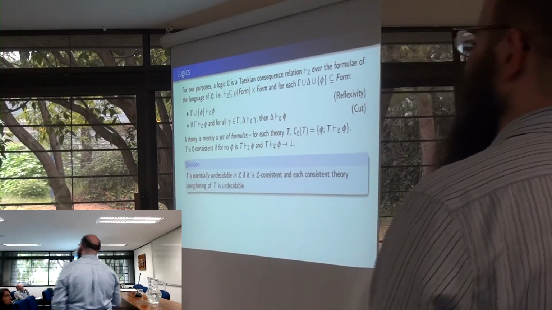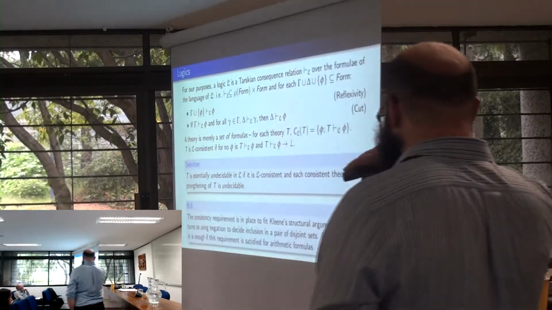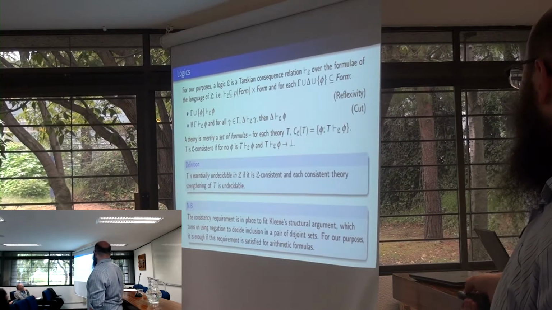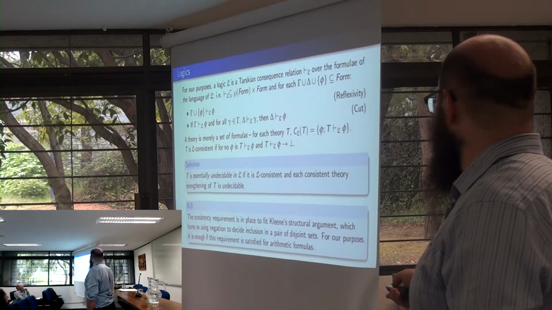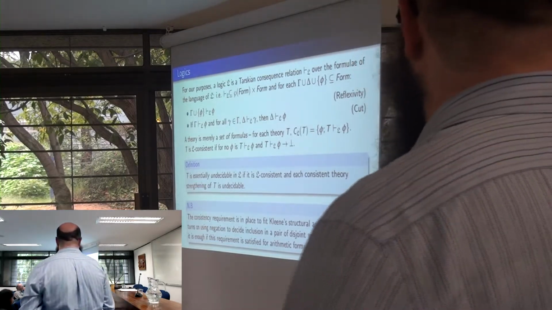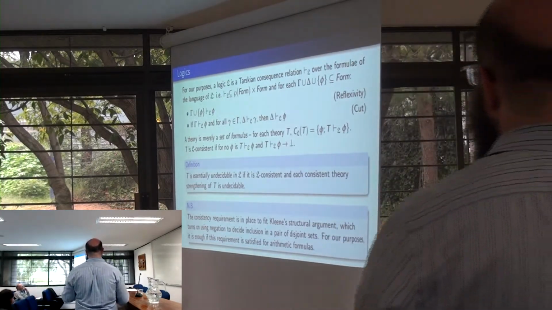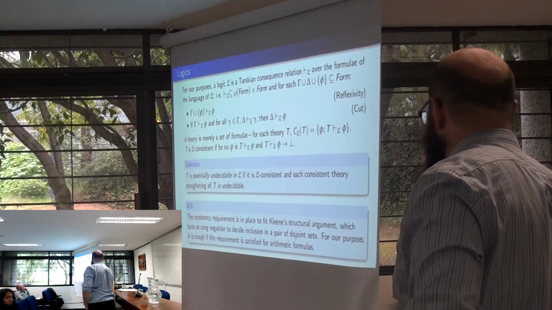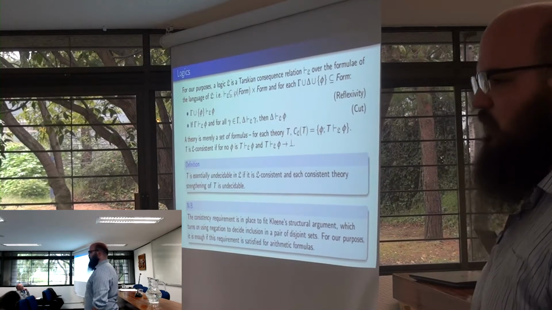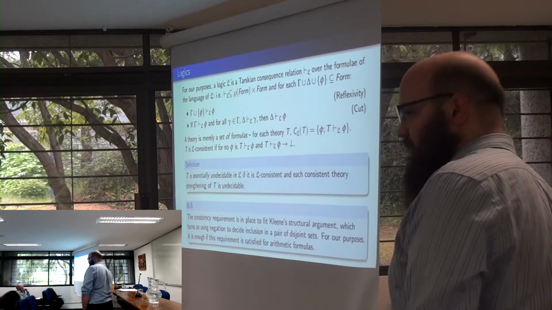Well, anyway, we'll come to the consistency question right now. This is in place to fit the structural argument, which, as we'll see in a moment, turns on using negation to decide inclusion in a pair of disjoint sets. So we need consistency in order to make this structural argument work, but for our purposes, it's enough if it's just satisfied for formulas in the arithmetic language.